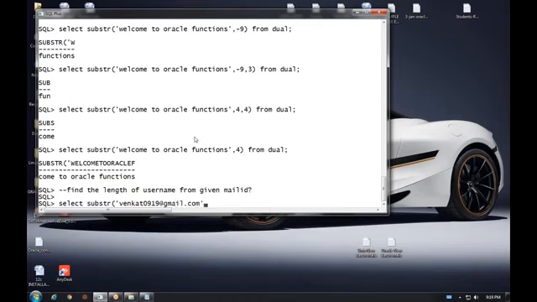Okay, this is the mail ID. From this mail ID, I want to find out the length of the username. How to find the length of the username? Actually, by using substring, it is not possible. You have to use one more function, instr. I hope everybody understands what is the use of substring.